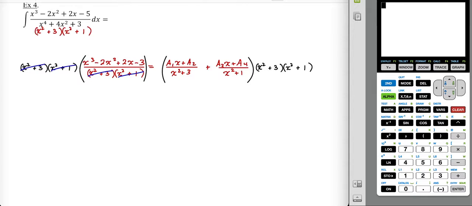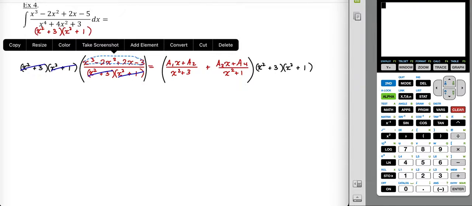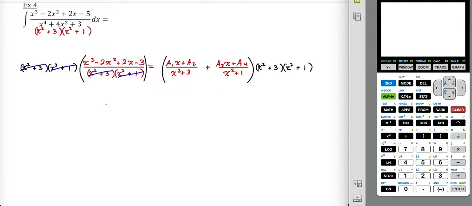All right, so nice cancellation on the left-hand side. That should happen every time. If it doesn't, you're doing something wrong. All right. So we're going to multiply the first fraction by our common denominator, and that's going to cancel out the x squared plus 3's, leaving us with a1x plus a2 multiplied by x squared plus 1.